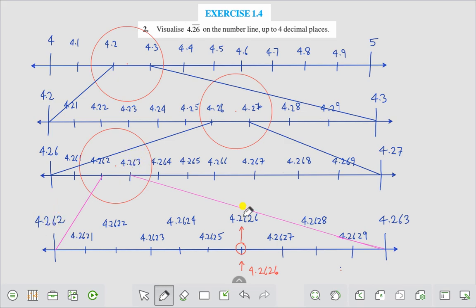This is 4.262, this is 4.263, and dividing it into 10 equal parts 4.2621, 4.2622, 4.2623, 4.2624, 4.2625, 4.2626, 4.2627, 4.2628, 4.2629. Therefore, this is the representation of the number 4.2626 up to 4 decimal places.